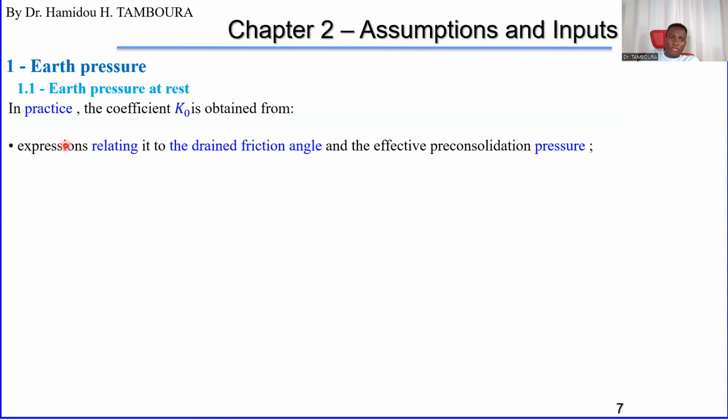You can get it from the expression relating the drained friction angle, the friction angle, and the effective preconsolidation pressure. You can get this with this relationship.